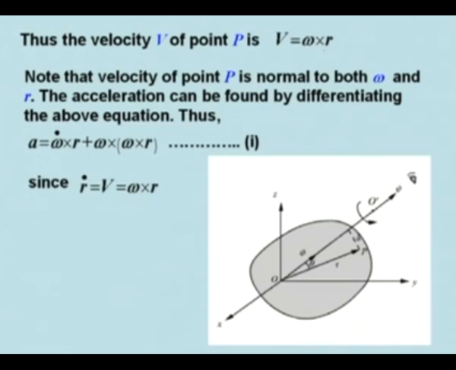So therefore acceleration comes out to be omega dot cross r plus omega cross (omega cross r).